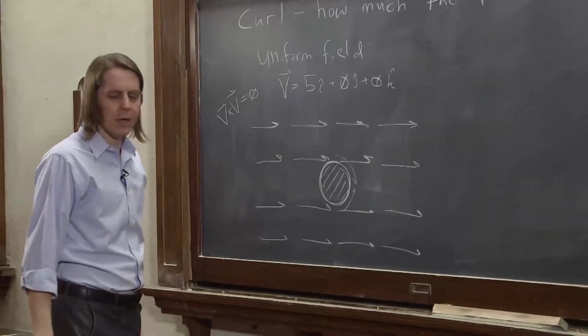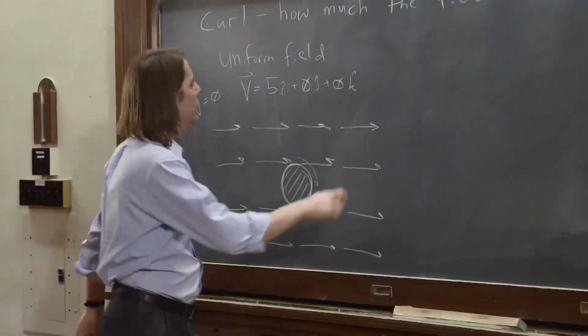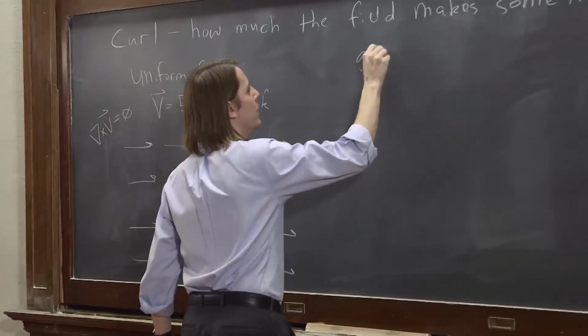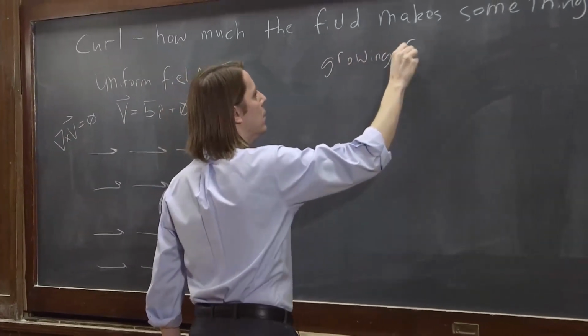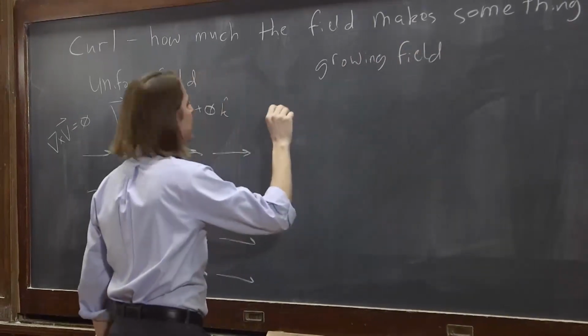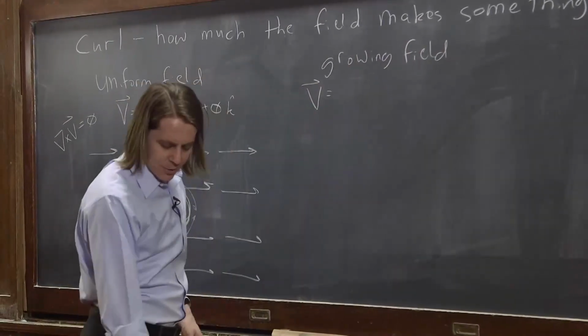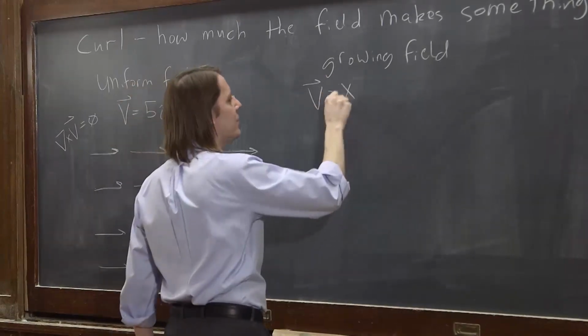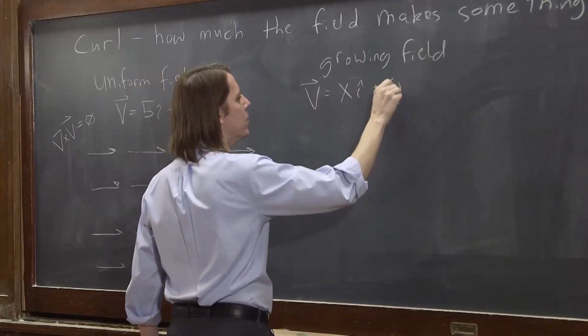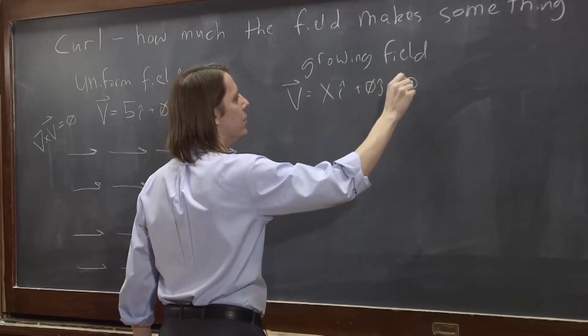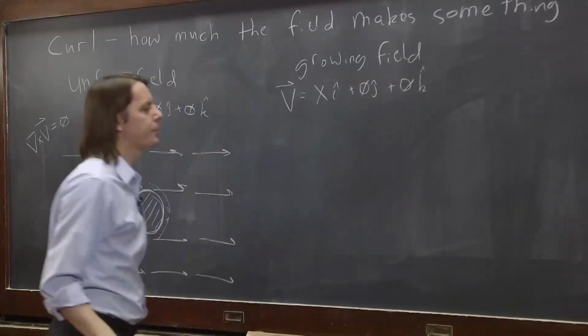So let's look at one that's not uniform. Let's look at a growing field. So let's have V equal, let's just let it be x i hat plus 0 j hat plus 0 k hat.